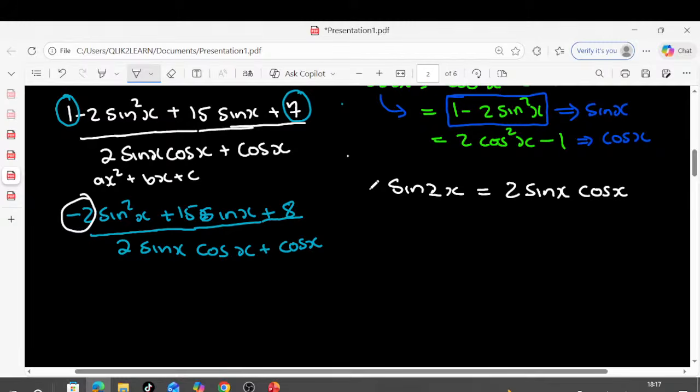Can someone please tell me in the comments? Let's see. How can we make that -2 positive? Because we need it to be positive in order for us to factorize this quadratic equation.